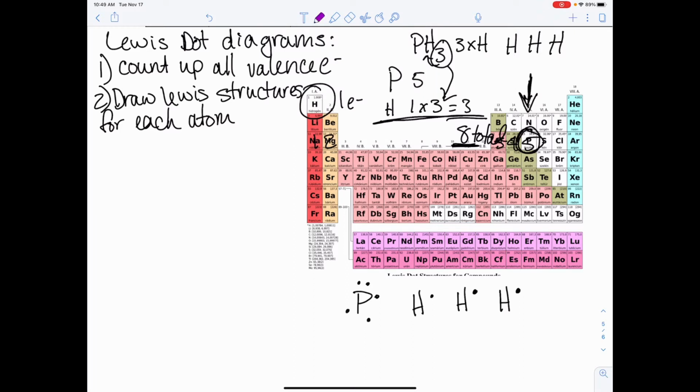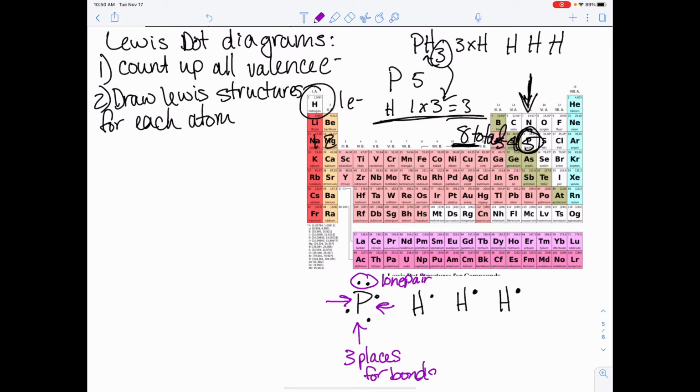So this phosphorus, right up here, has what we call a lone pair, or a pair of electrons that are unbonded. They're all alone out in an orbital there. And there's a spot for a bond here and a spot for a bond here. So the phosphorus has 3 places for bonds.